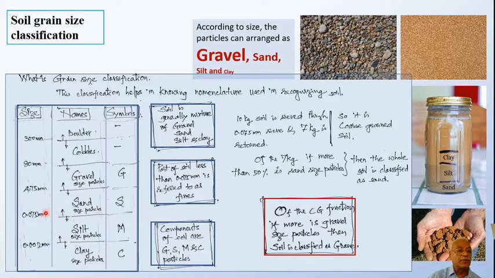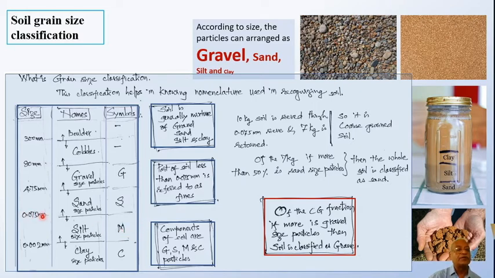So 0.075 mm down to 0.002 mm, whatever particles are there, are referred to as silt size particles. And to represent silt size particles, we have a symbol M.